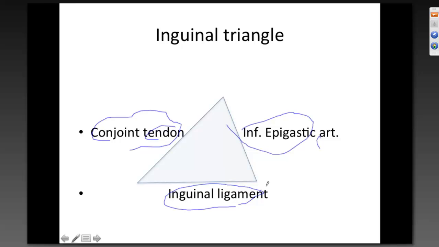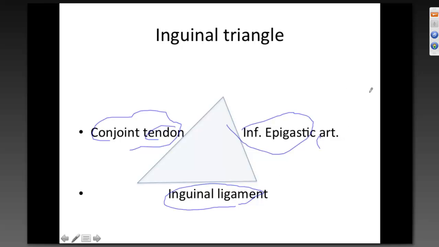There's really nothing to relate it to. These are 3 very varied and diversified objects that we happen to be using together to identify an area that we're concerned about when we want to try to name a direct or indirect hernia.